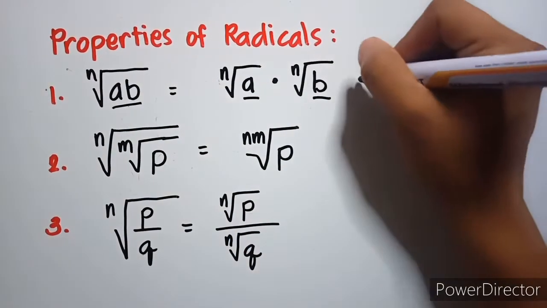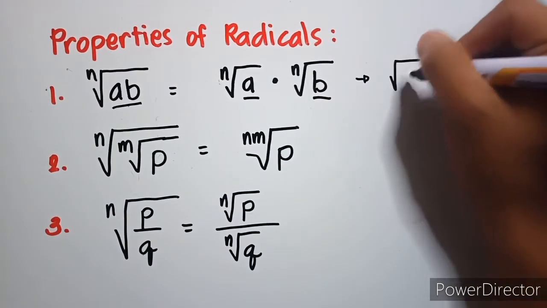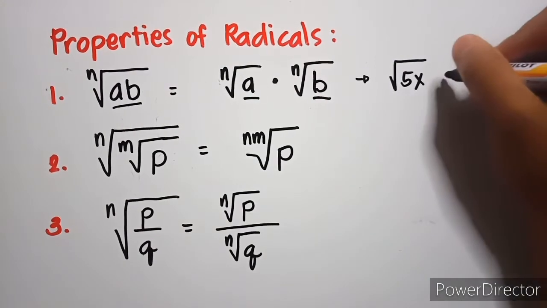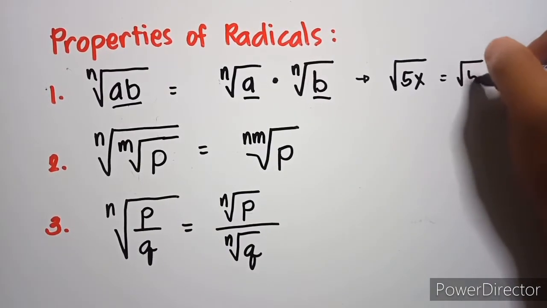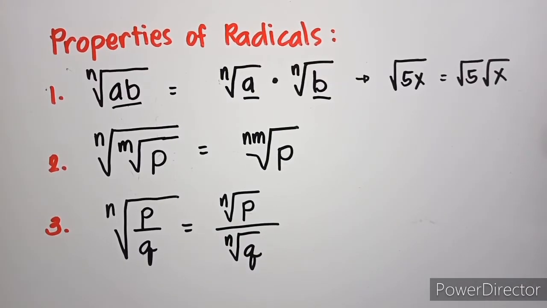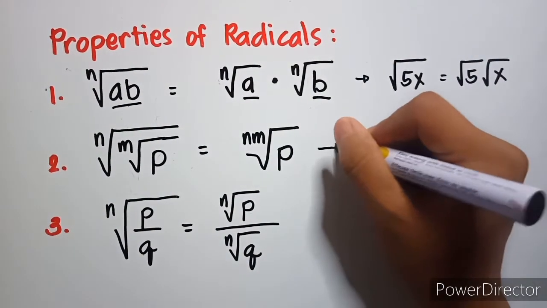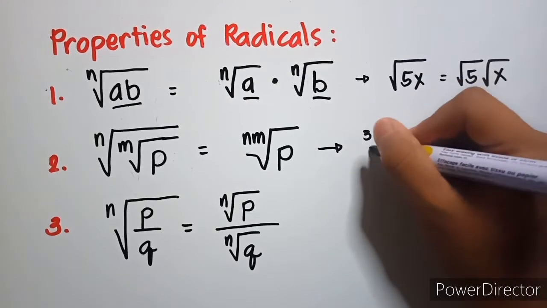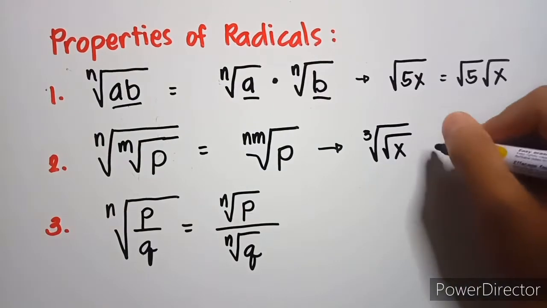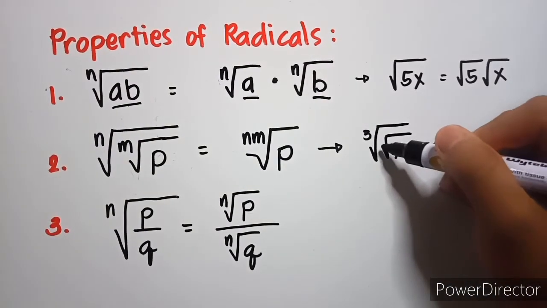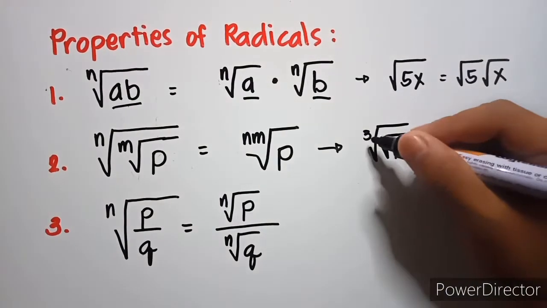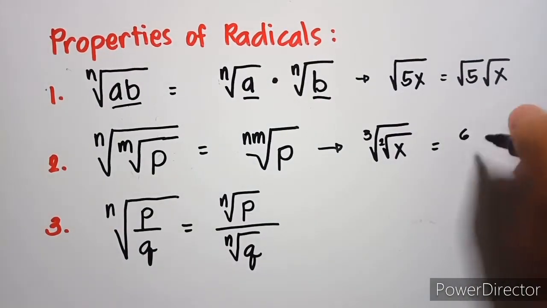So, for example, let's have the square root of 5x. Square root of 5x can be written as square root of 5 times square root of x. So, pwede yan. Then, for number 2, if we will have the cube root of the square root of x, since this is square root, the index is 2, so we'll have 3 times 2, that is 6th root of x.